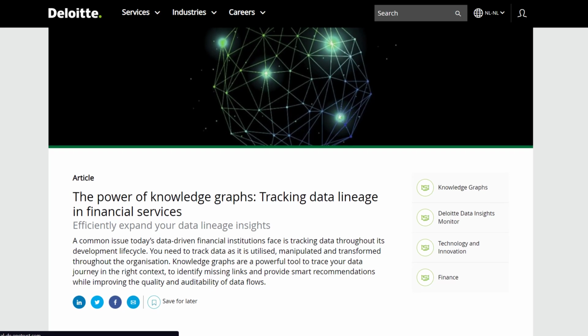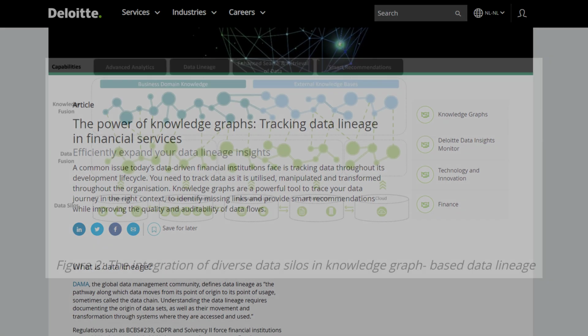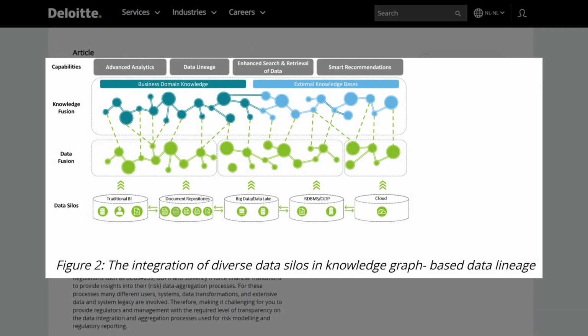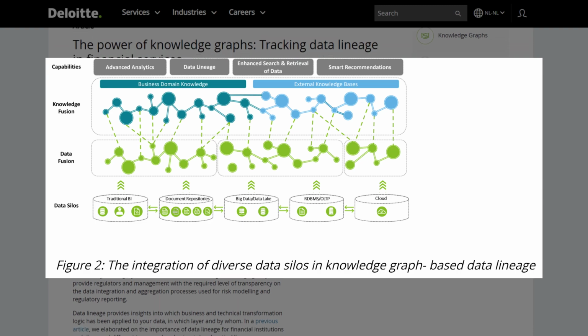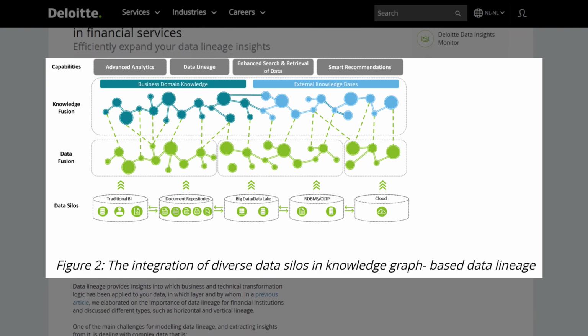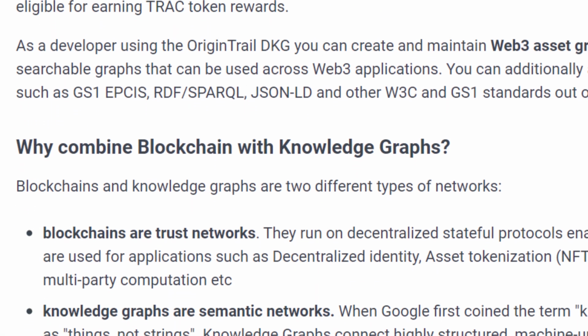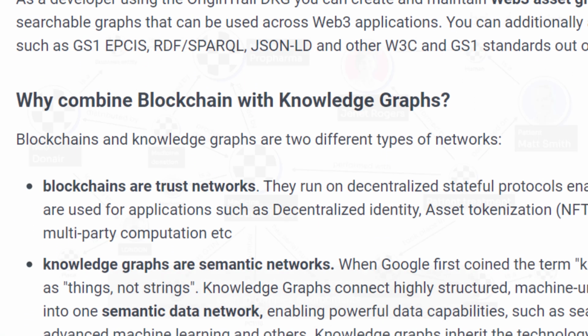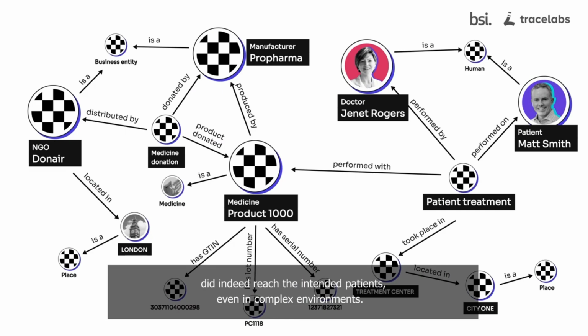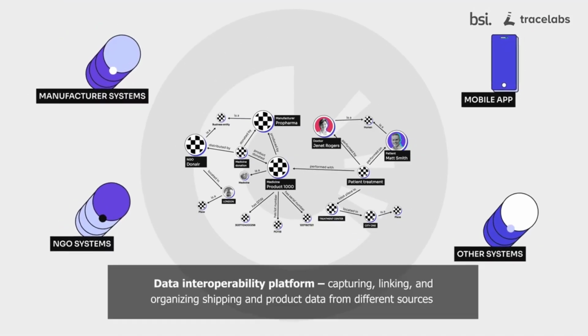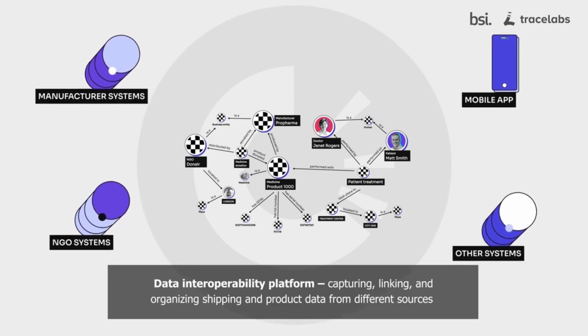Thus, going back to that article from Deloitte, by leveraging knowledge graphs, especially a decentralized knowledge graph equipped with the power of UALs, a knowledge graph that can be connected to almost any blockchain network as well as enterprise network, a knowledge graph that can be connected to any other knowledge graph across the entire internet.